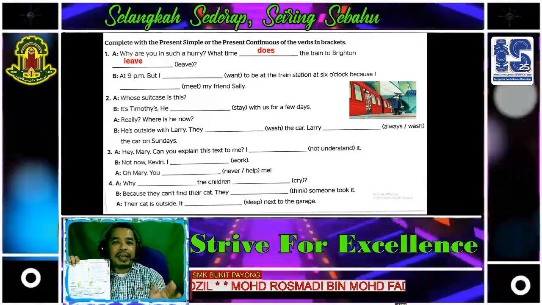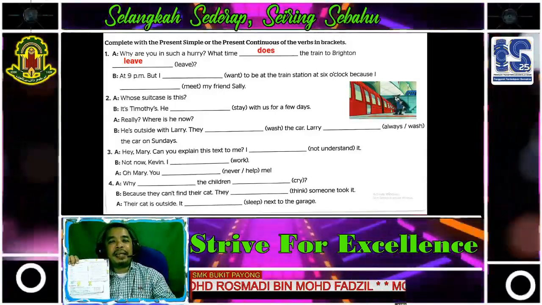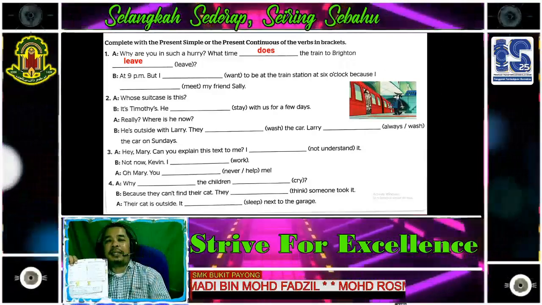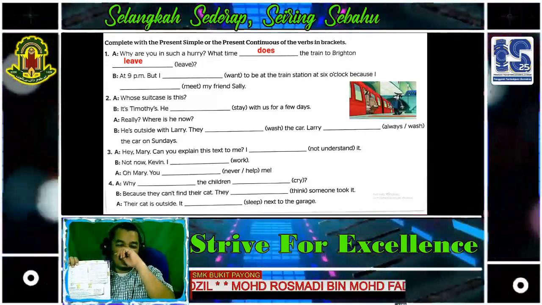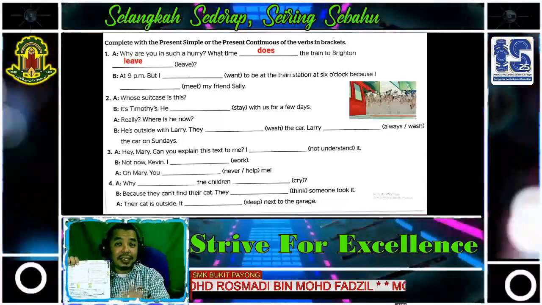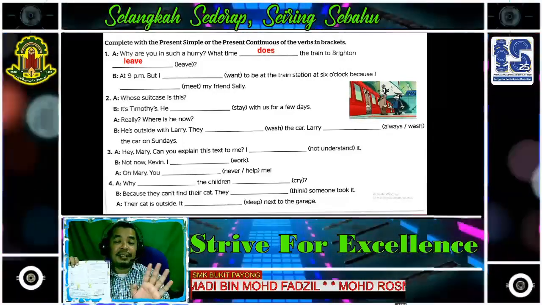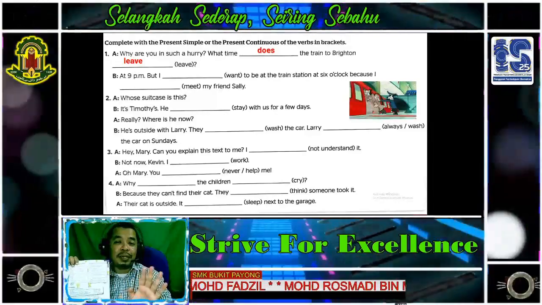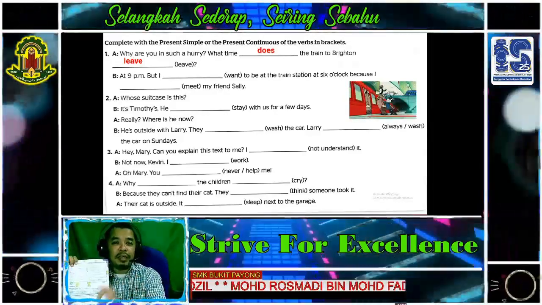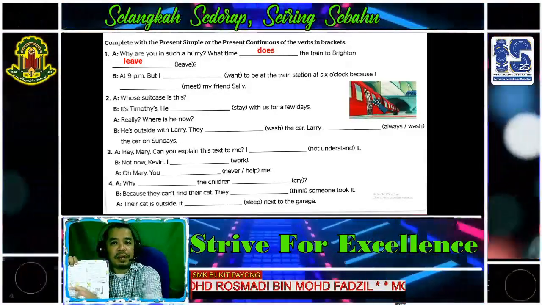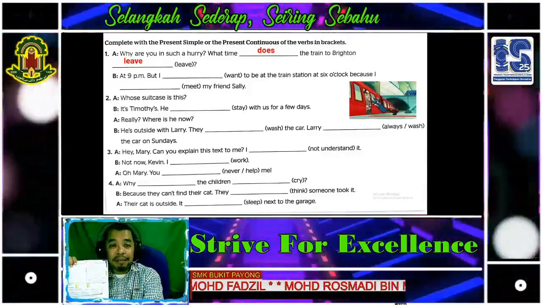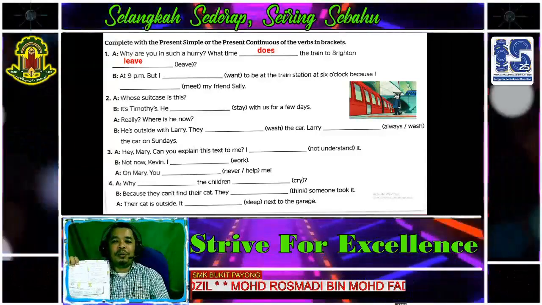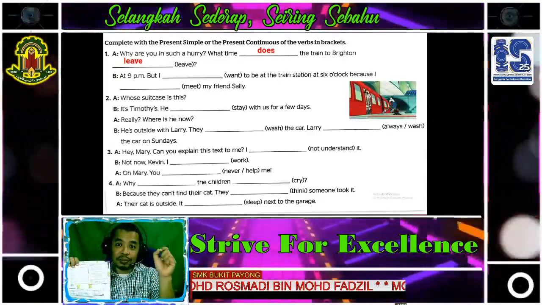Kenapa leave tak ada S dah? Because we have already taken the S and kita letak dekat does. For a question, when you change to a sentence, there is no more does. Tu tak boleh sebut dah dalam jawapannya, the train does leave Britain bla bla bla. No. So when you answer, the train leaves, baru ada S. Untuk soalan kita tambah does dulu.